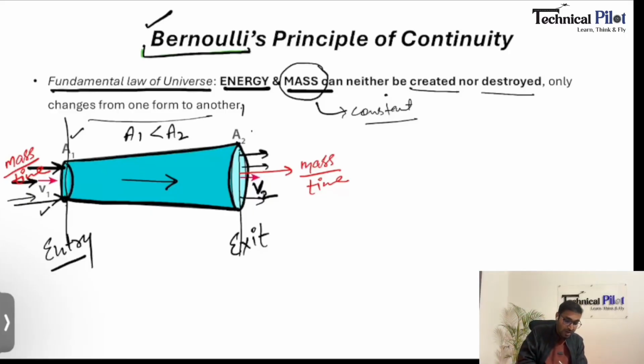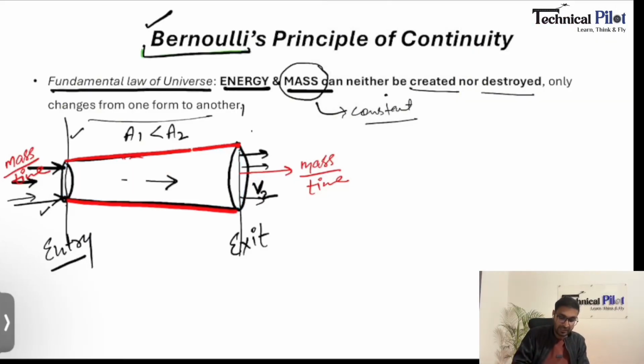There is no any other way through which mass can go out, no other entry point, no other exit point. Mass is neither getting accumulated inside the tube, because if mass starts accumulating inside the tube, after some time the tube will get blocked. I am considering that mass is not getting accumulated.